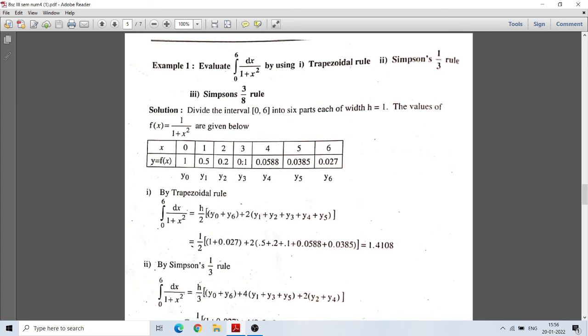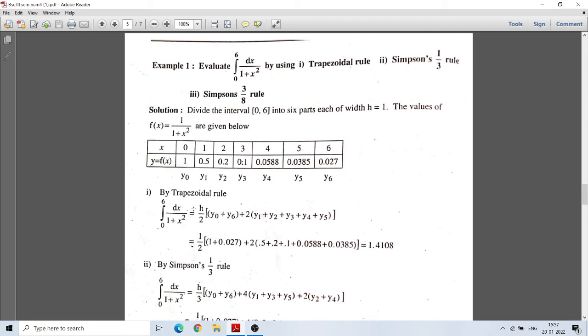Using the trapezoidal rule, as you know in the previous example our limit is 0 to 1, here 0 to 6 is there. This is very important. If the interval is equally spaced, then it is very easy for us. Then integral over 0 to 6 dx by 1 plus x square is h by 2, y0 plus y6 plus 2 times of the rest. This is the formula.